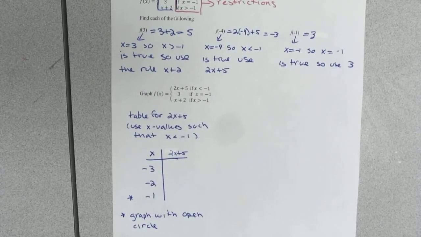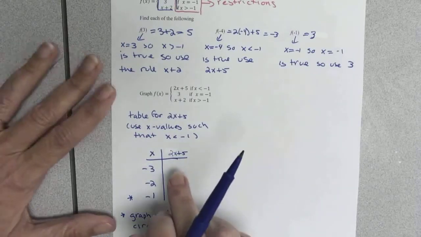If I was trying to not use -1, I should use something like -1.00000001. That would be really inconvenient. So I'll use -1, and just remember to graph -1 with an open circle, which will mean the graph will come right up to that point, but not include that point.